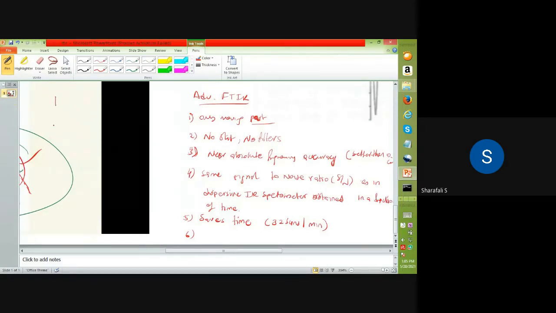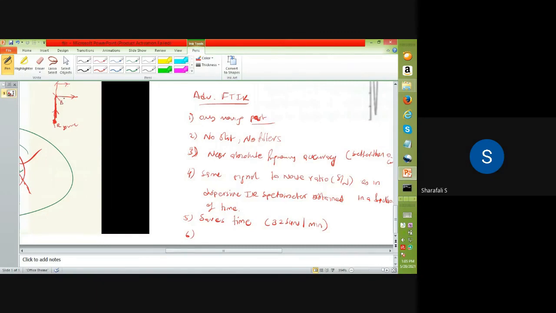So let's say this is your IR source, and the IR source will give you all the spectra. From this, 50% of those spectra, that means intensity, will be going this way, and the remaining 50% will be going in some other way.